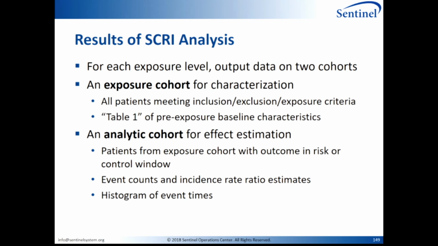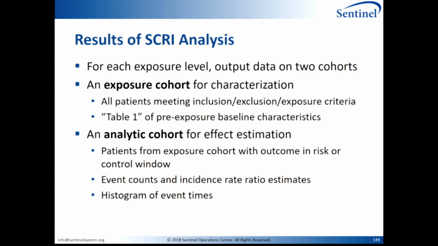So they didn't have to have the outcome to be part of the exposure cohort. And what we produce for that is what you might think of as a table 1, a kind of tabulation of pre-exposure baseline characteristics: age, sex, comorbid conditions, etc., which just kind of lets you assess the population receiving the exposure.